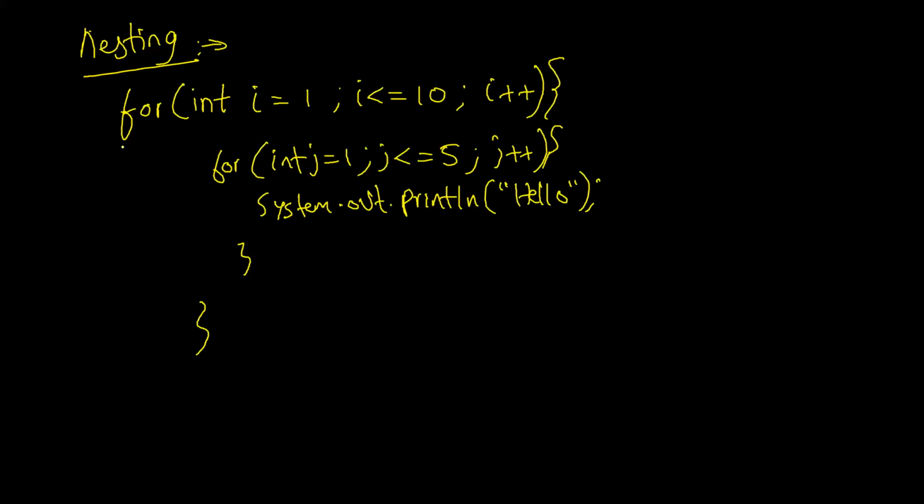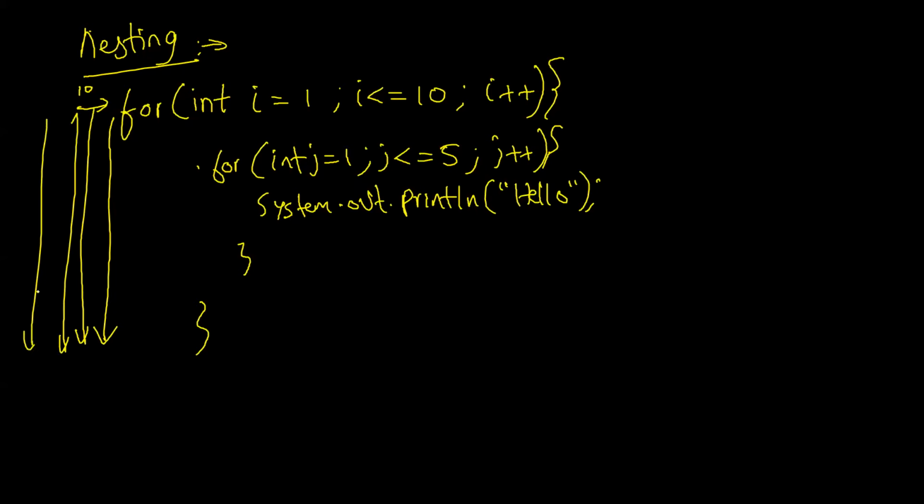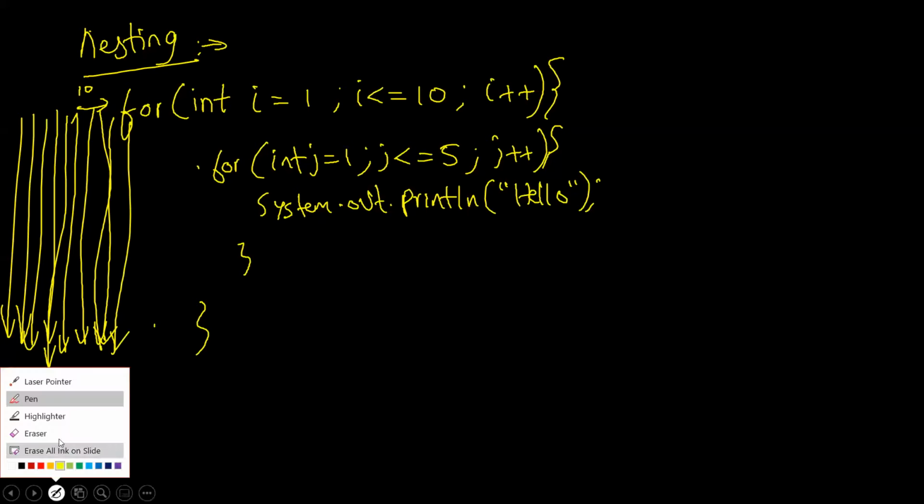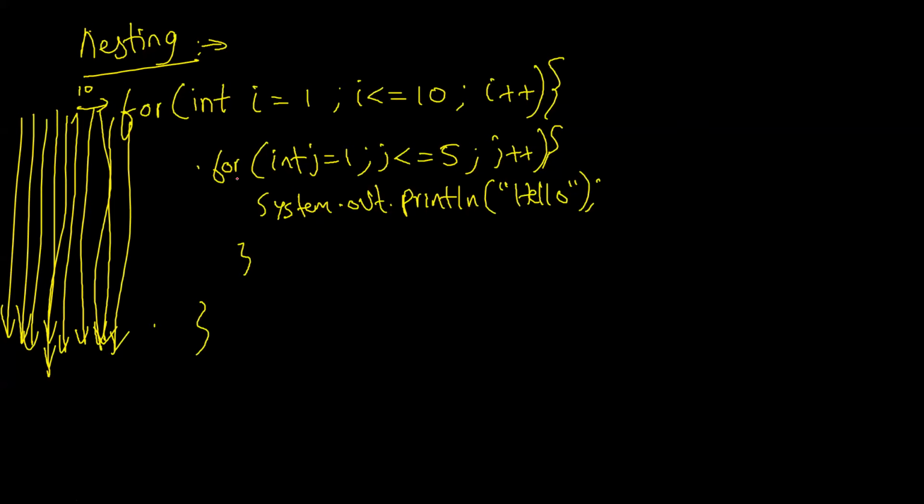Let me tell you, the outside loop will run 10 times, right? And for each time, the inside loop is one iteration, 1, 2, 3, 4, 5. In that way, 10 times it will be running. In each iteration of the outside loop, the inside loop will run 5 times.